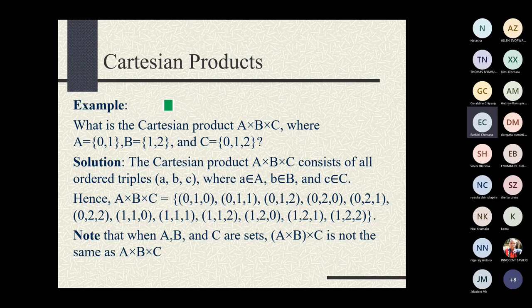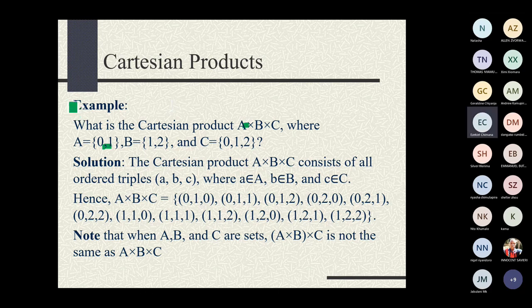For this one, I'm just going to do an example. What is the Cartesian product of A cross B cross C, where A has 0, 1, B has 1, 2, and C has 0, 1, 2? What you do is first pair 0 with this element and with the rest of these elements.